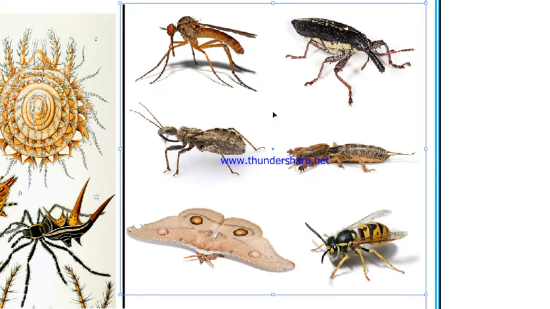So the major features of class Insecta are their body is divided into head, thorax, abdomen. From their thorax, three pairs of jointed appendages and two pairs of wings emerge. Mostly they are terrestrial, but some are aquatic as well.